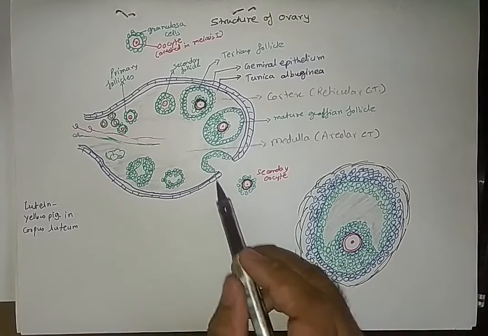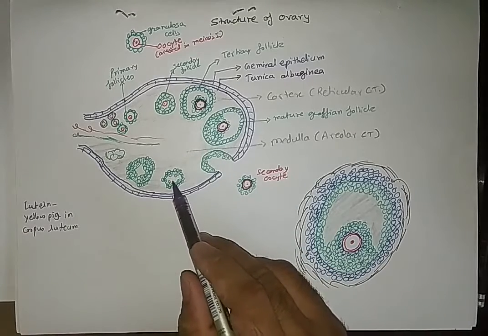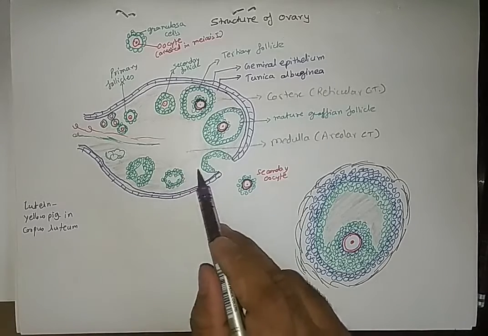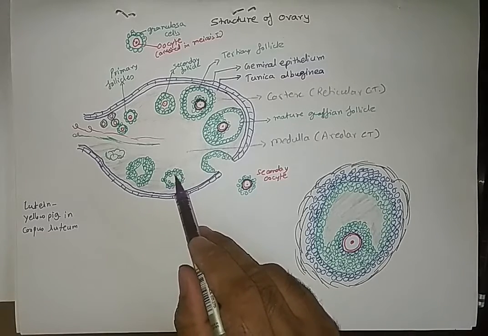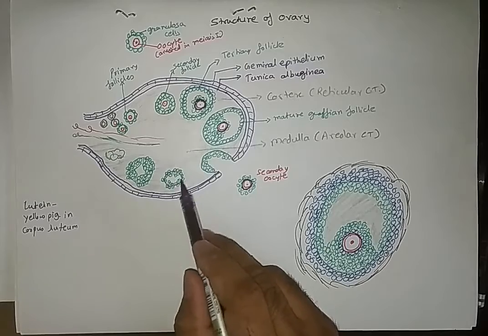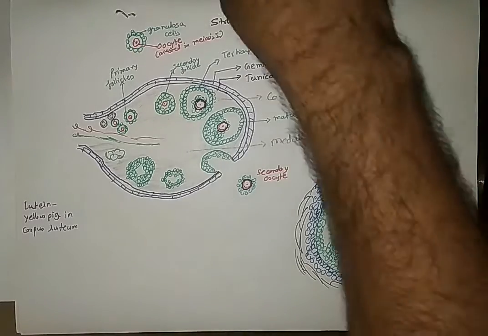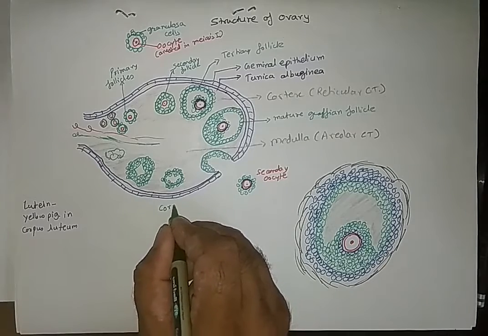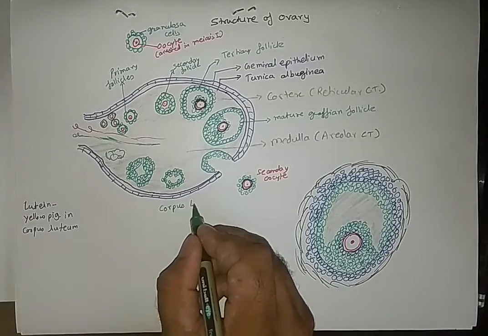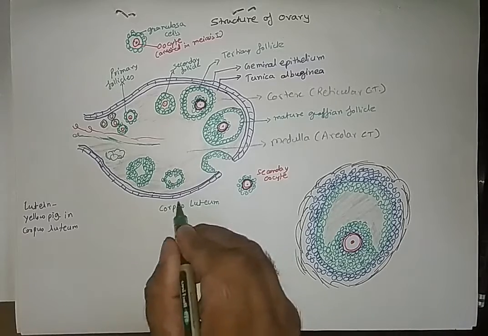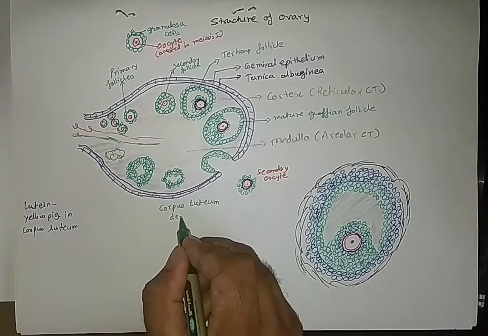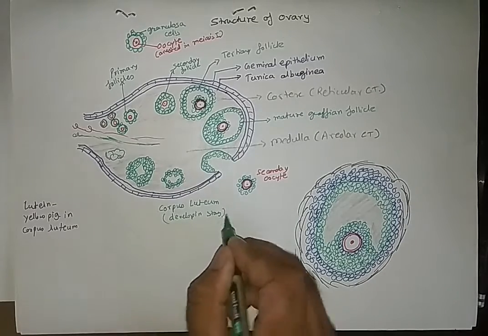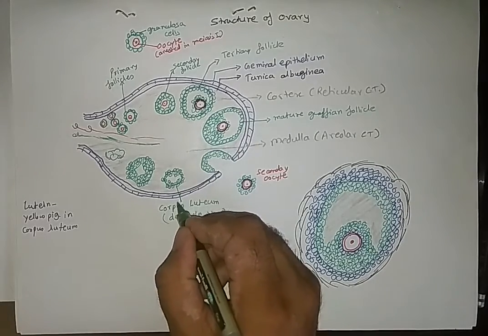In the follicular cells the yellow pigment gets deposited, that pigment is called lutein, and this follicle is called a corpus luteum. This is a developing corpus luteum.